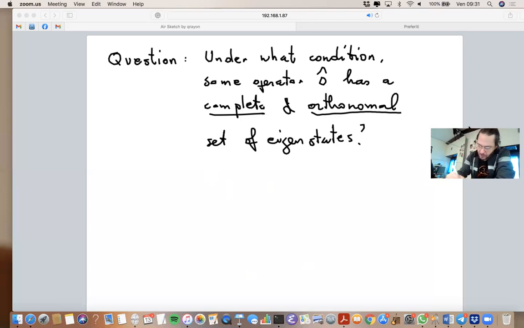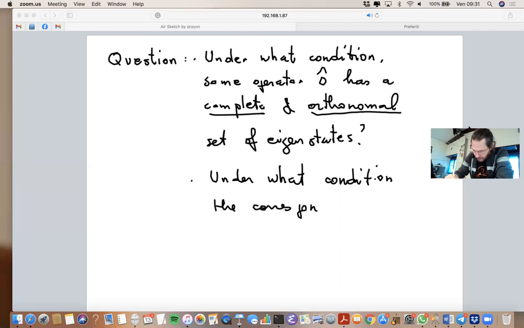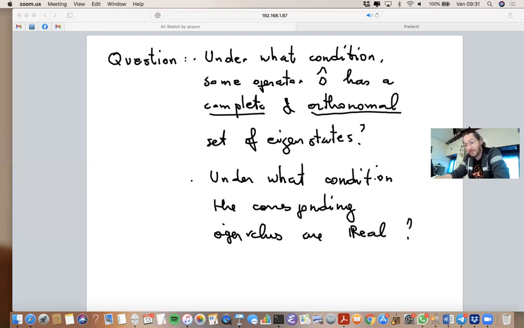So let me ask a second question. Under what condition are the corresponding eigenvalues real, even if the matrix is not real.